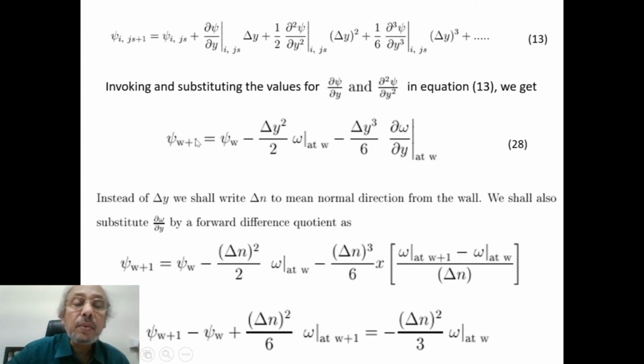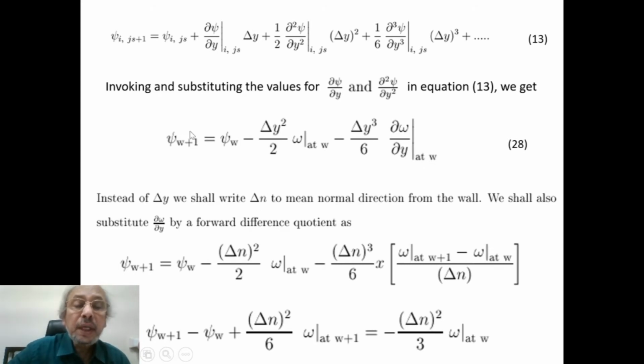Psi at the near wall point equals psi at the wall, plus 0, so minus delta y square by 2, and del 2 psi del y2 is minus omega. So this is omega at the wall, and delta y cube by 6 del 3 psi del y3 is substituted by del omega del y at the wall.